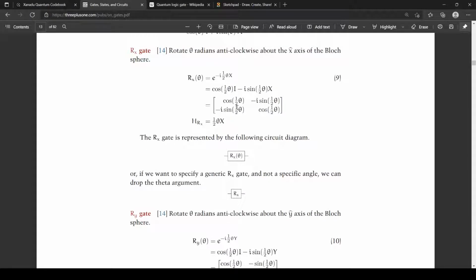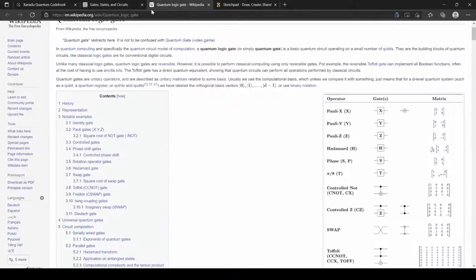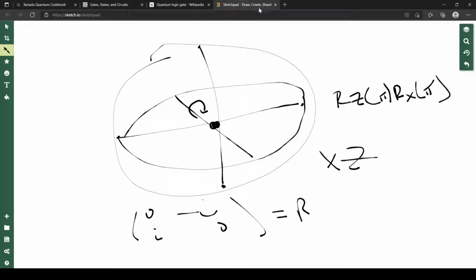Let's see, suppose this is pi over 2. Let's just take a guess. Maybe, I know it's going to be something like that. So then we have pi over 2 is 0, i, negative i, 0.